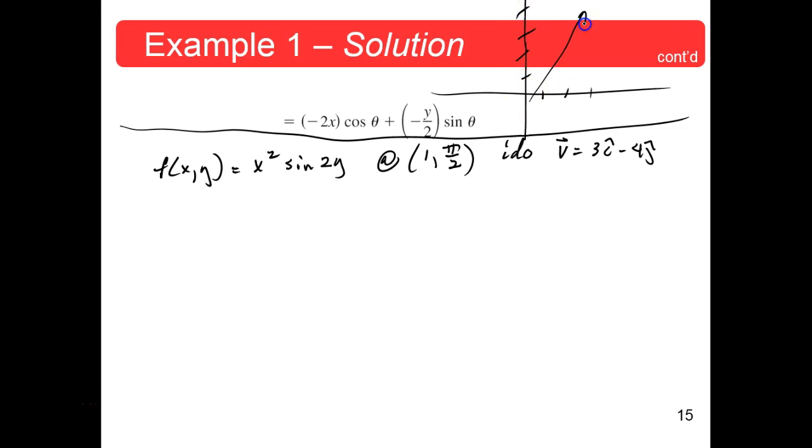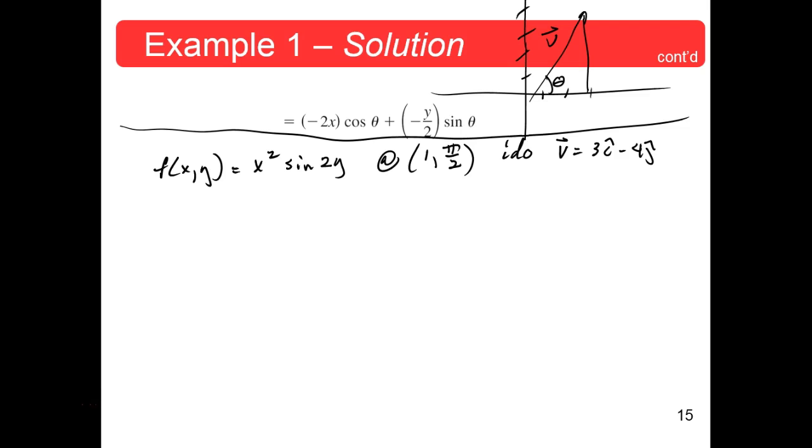So here's that vector v. Now, obviously not a unit vector, but we really don't care. We're only interested in that angle there, theta, okay? And not really the angle, but the sine and the cosine of that angle, okay?